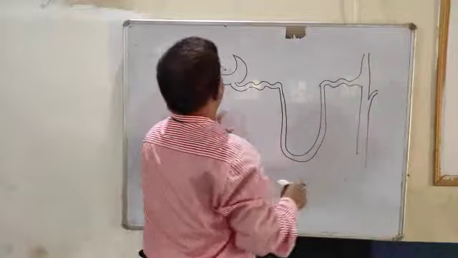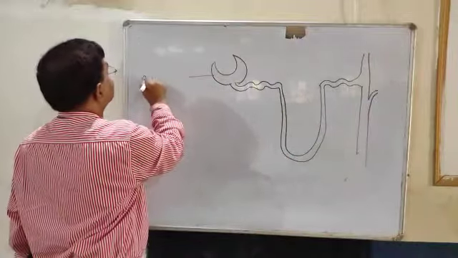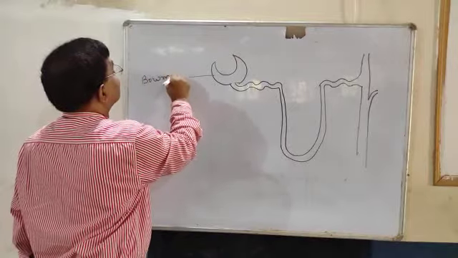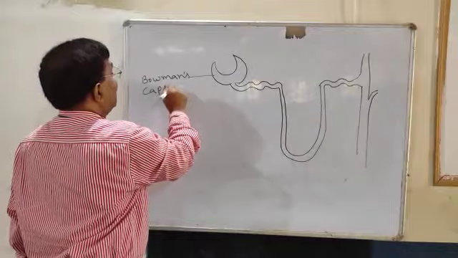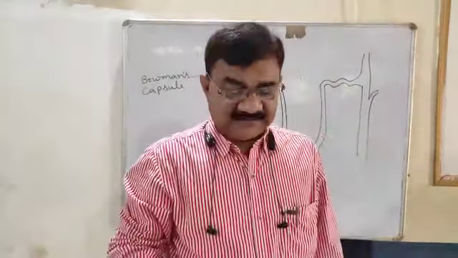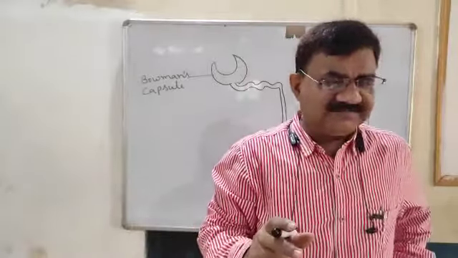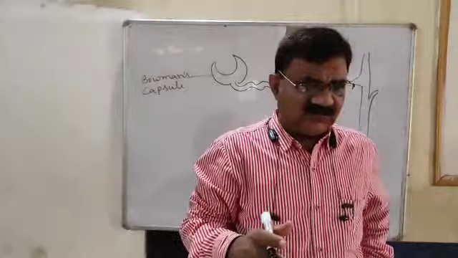Now let us discuss. This one is Bowman's capsule. And from the aorta, the dorsal aorta, renal arteries come out.